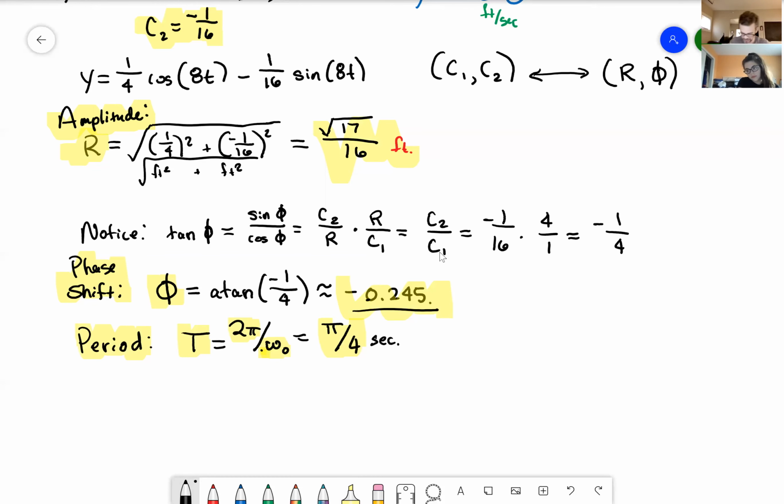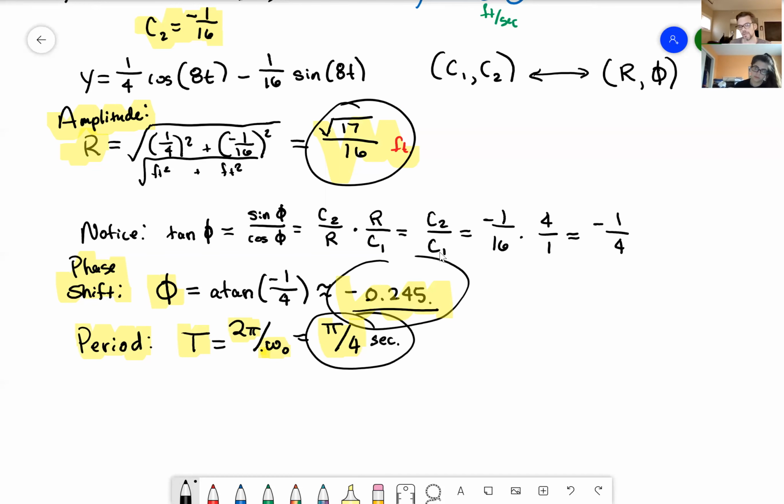Okay, so that example is completely described. Based on these three quantities right here, the amplitude, the phase shift, and the period, we have completely described what this simple harmonic motion would be. So that's completely determined.